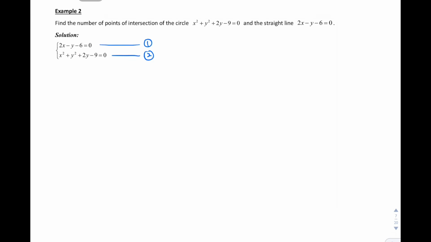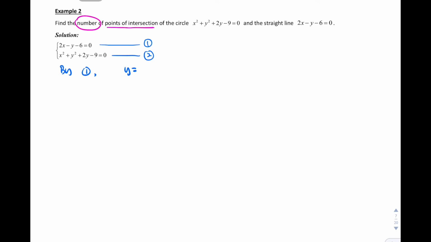Let's study 2 more examples. Here, we are not going to find the coordinates of the intersecting points, but we are asked to find the number of points of intersection. Actually, the steps are similar. What you have to do is to make one unknown the subject of the equation for the linear equation.